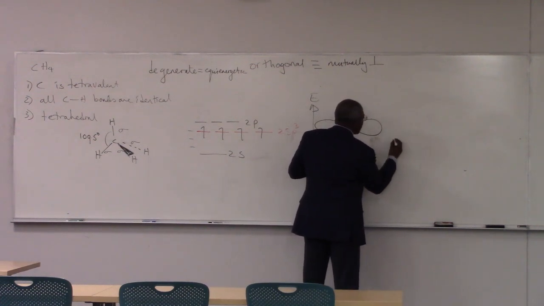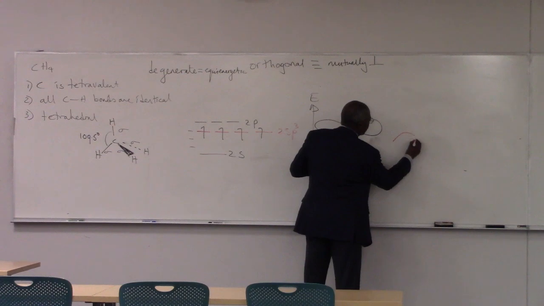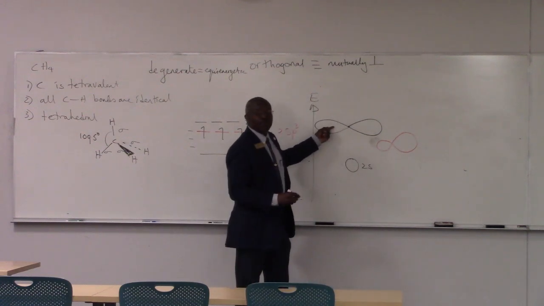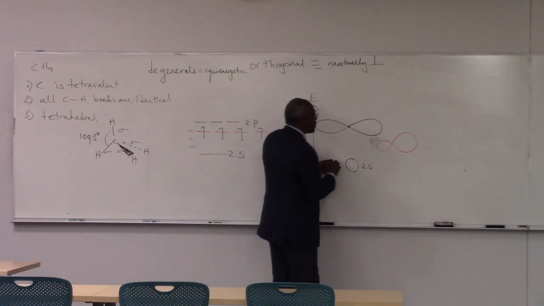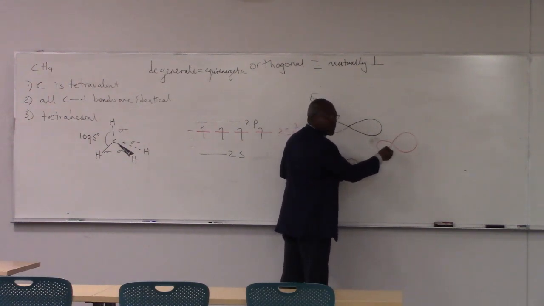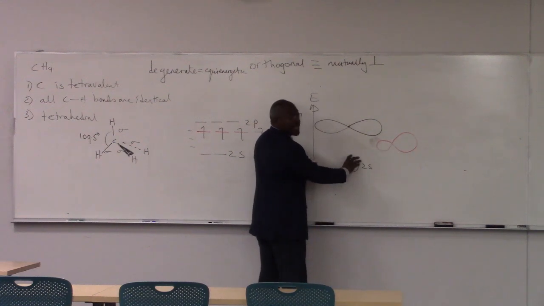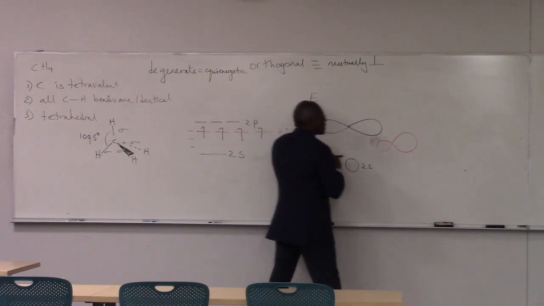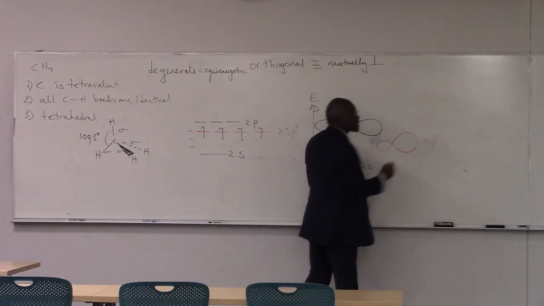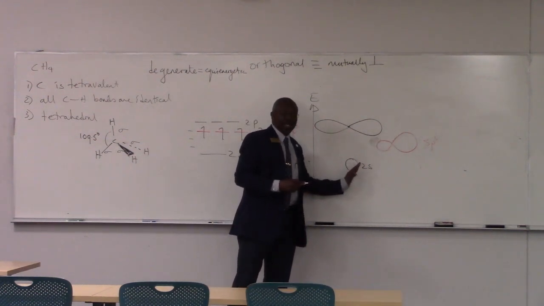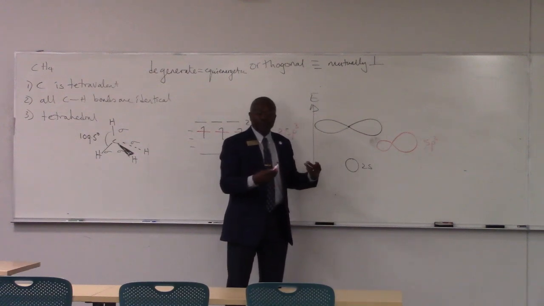It's going to be rounder and it'll have less of the p tail than this one does. So it will be smaller, rounder. It's morphing into s, so you won't have two equal lobes anymore. So this is what the sp3 hybrid looks like. More p-like than s-like, but it certainly has s character. Okay, good.